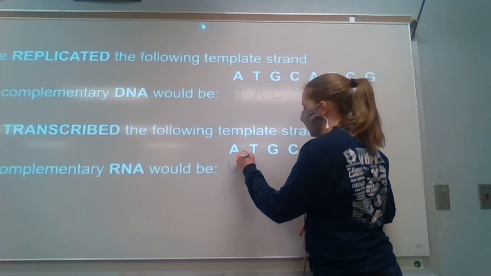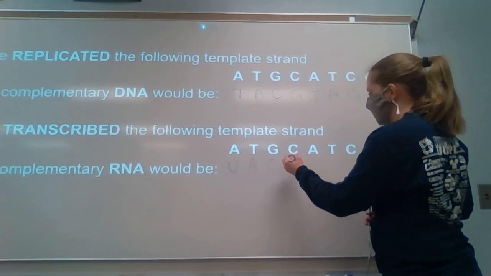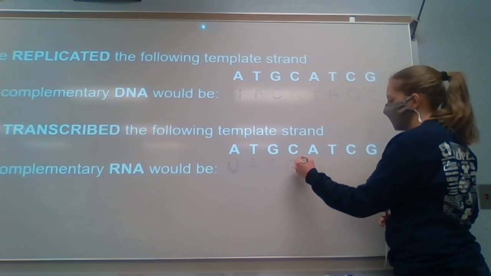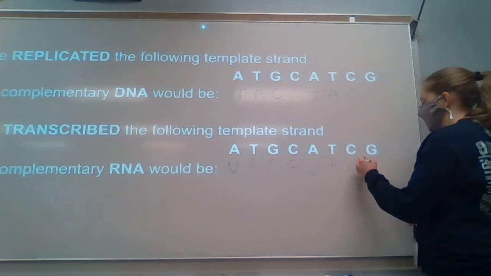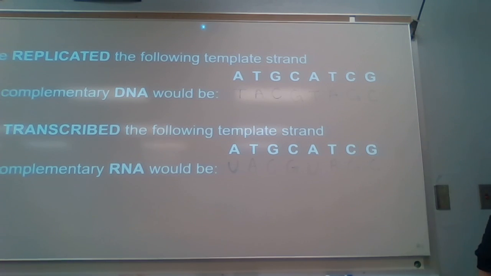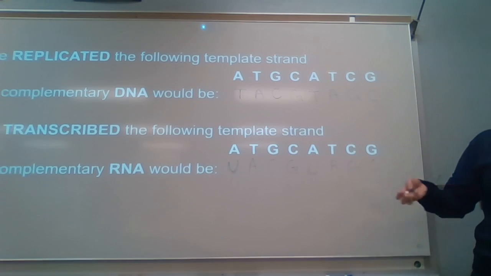T is still going to pair with A, and G is still going to pair with C, and C is still going to pair with G. But if I hit the next A, it's going to be a U. Okay. A, G, C. So almost identical, except I don't have thymine in RNA, I have uracil.